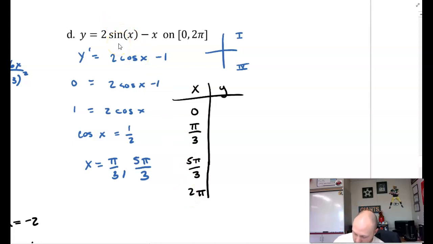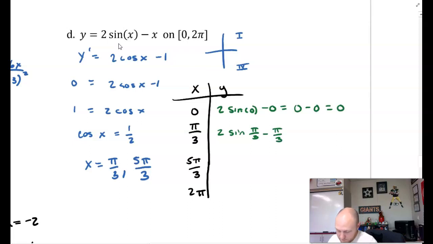Okay, so we have 2 sine of 0 minus 0, which just gives us 0 minus 0, so that's 0. Pi thirds, we have 2 sine of pi over 3 minus pi over 3.